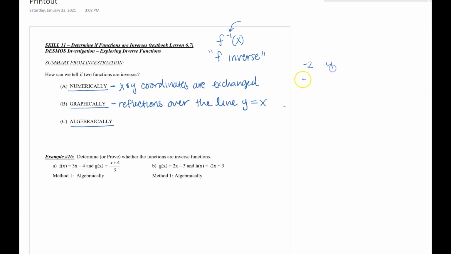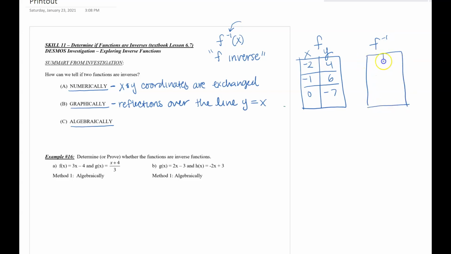These were points in the function f. The first column was the inputs and the second column was the outputs. If you were to build the inverse function, because of the reflection over the line y equals x, the x's from the original function equal the y's, and the y's from the original function equal the x's. So you're going to see this switch: this would have the points 4, -2, 6, -1, and -7, 0. That's what you're going to see numerically.